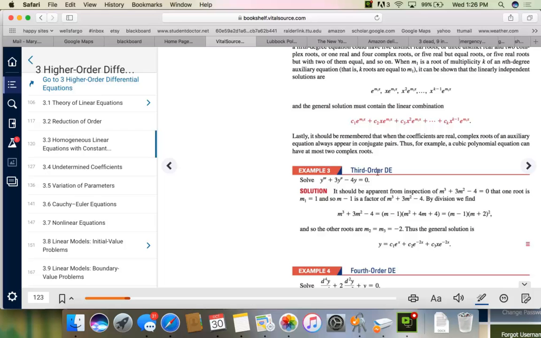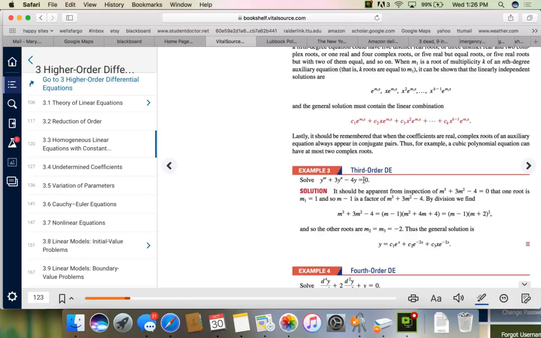If we substitute m to the n for the nth order derivative, we get an auxiliary equation that looks like m cubed plus 3m squared minus 4. And I love the way the books always say this should be apparent by inspection. To most of us, it's actually not apparent by inspection. MATLAB has a command called roots, where you can enter a polynomial and it'll find the roots for you.